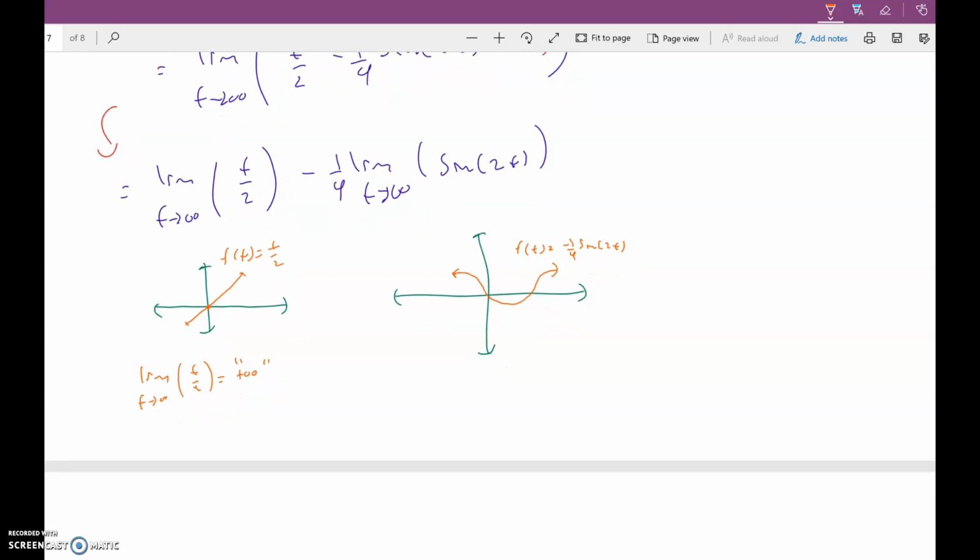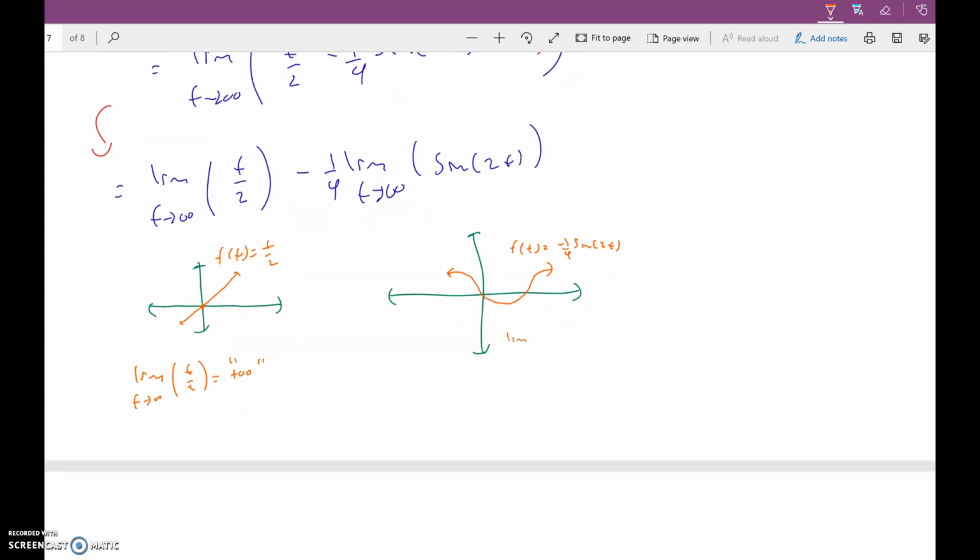As you look at the limit as t approaches infinity of negative 1/4 sine of 2t, this one's not going to converge because it keeps oscillating as it goes to the right. So it never really converges to a specific value.